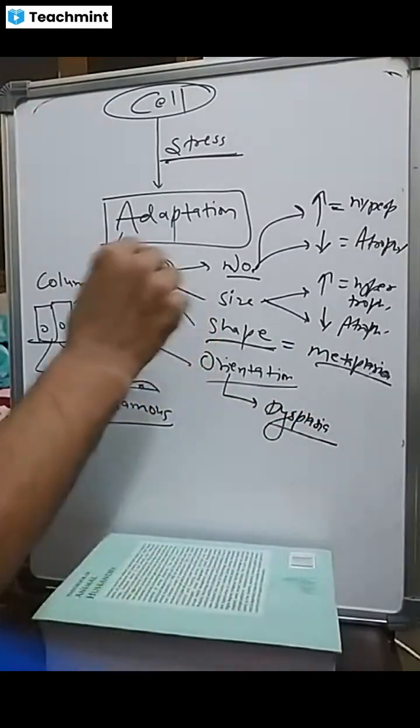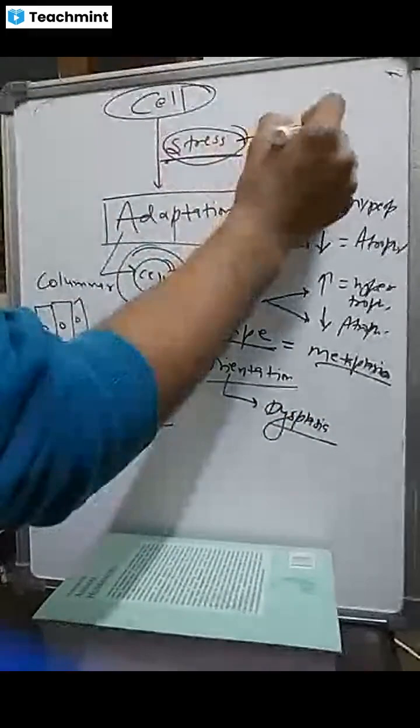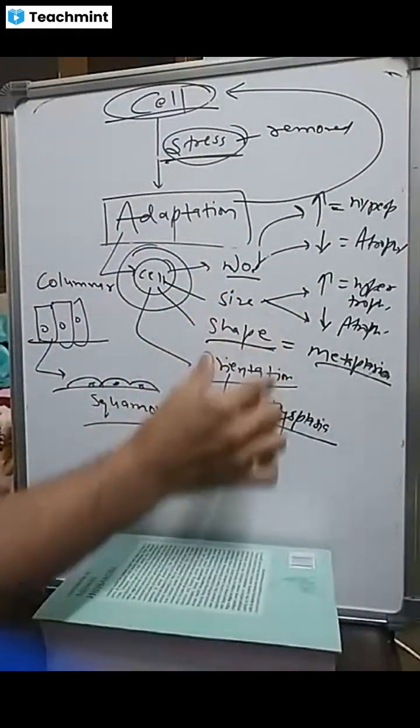Then, if this stress is removed, the cell will come back to normal. So a cell which is undergoing stress may adapt by changing the number, size, shape, or orientation.